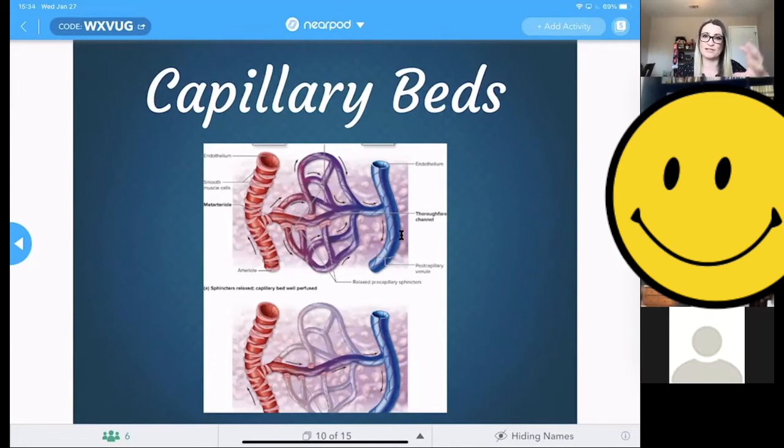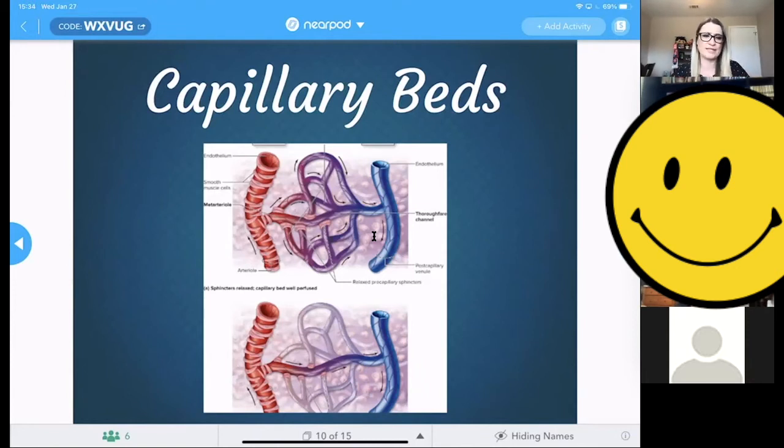Some capillary bed is going to be closed while another one next to it is open, and so on. Actually, only about 5% of capillaries in your body have blood flowing through them at any given time. But again, they alternate, so they don't stay closed for very long. We will also be talking about redistribution of blood flow.